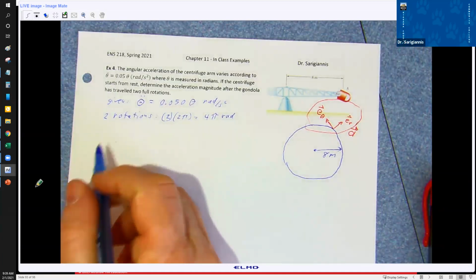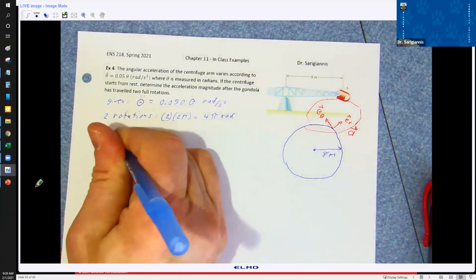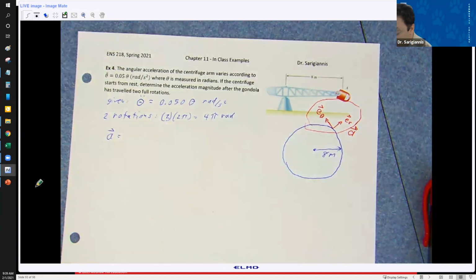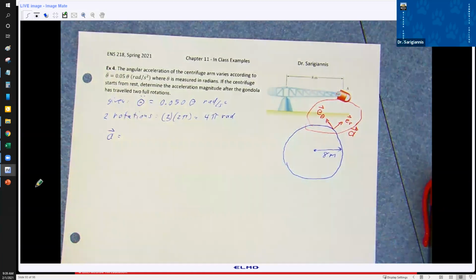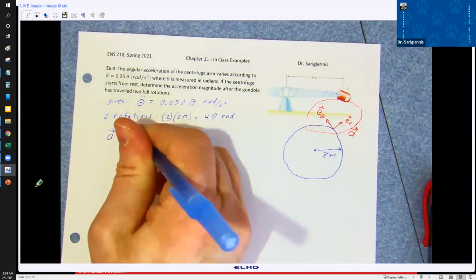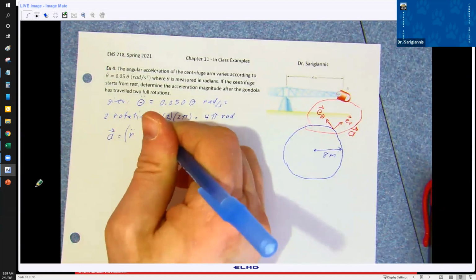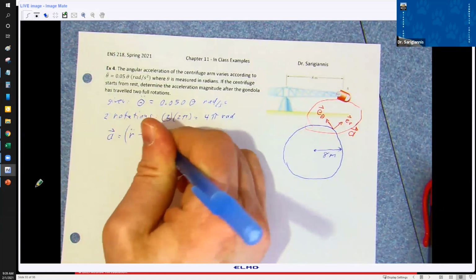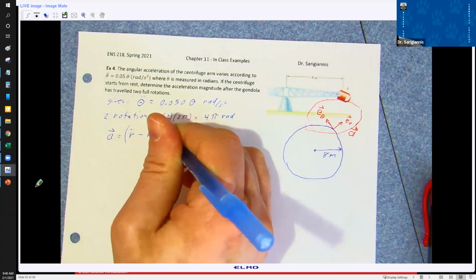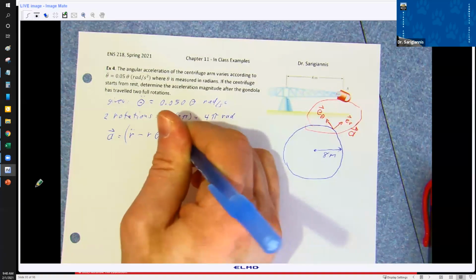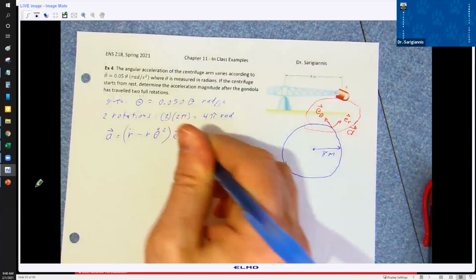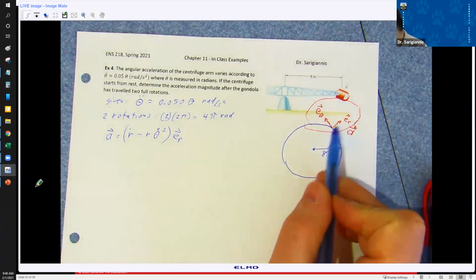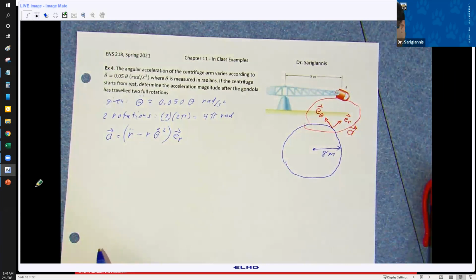And now I'm going to write out the acceleration vector for this coordinate system. We've got r double dot, the second derivative of r with respect to time, minus r theta dot squared, so d theta dt squared. This is your e_r component of acceleration, right?